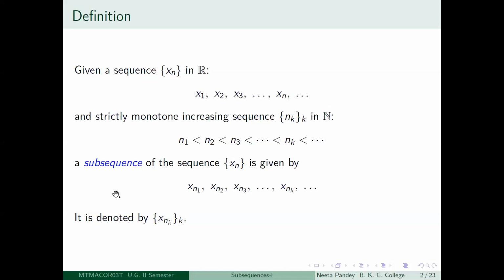You have not rearranged, you have not shuffled the terms so that here some term is coming after some other term and here it was the opposite. Nothing like that. Whatever the arrangement was here, from there you are choosing xn1, then xn2 is the n2th term of the original sequence where n2 is strictly greater than n1, and so on.